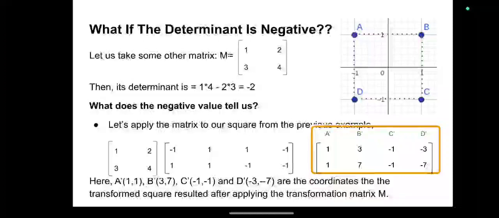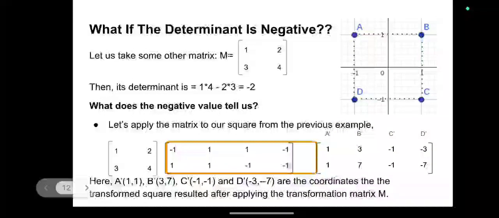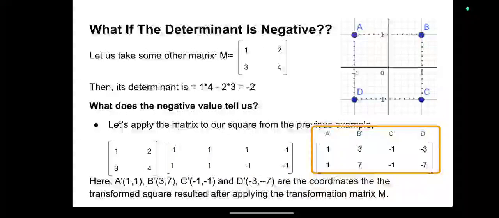Here you can see that the points 1 comma 1 and minus 1 comma minus 1 are in both the input shape and the output shape as well. But in case of input, the point 1 comma 1 is B, but in case of output, the point 1 comma 1 is A dash.